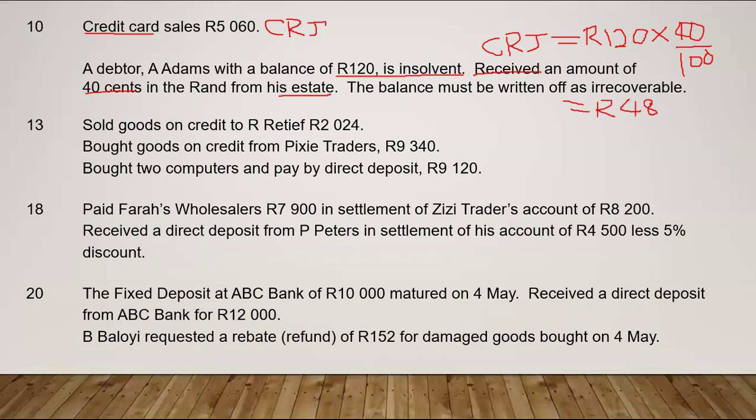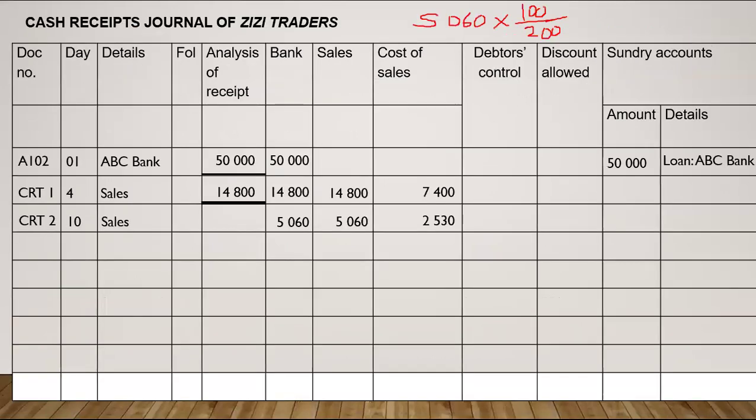So how do we record it? Let's go to the CRJ. You will start with a receipt, which is 103. This was received on the 10th.